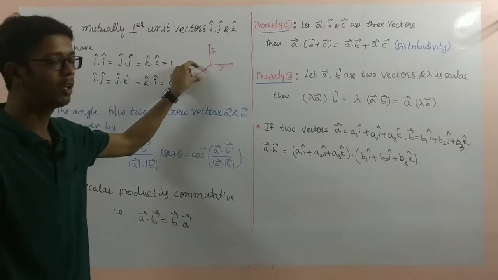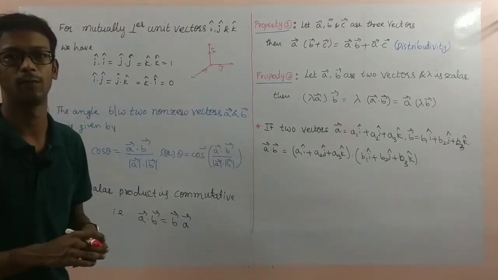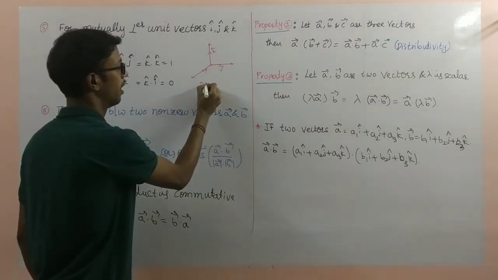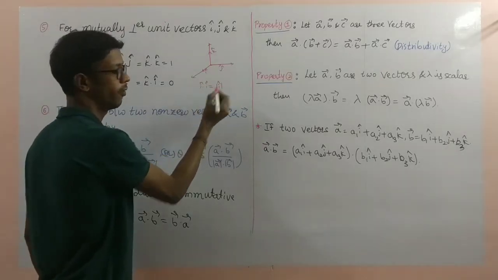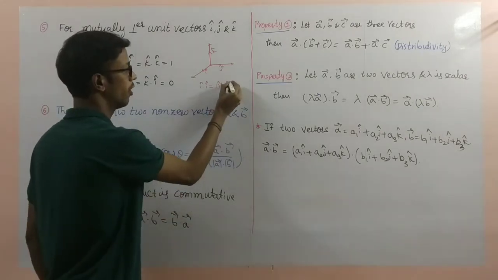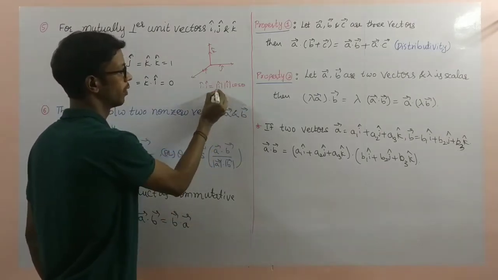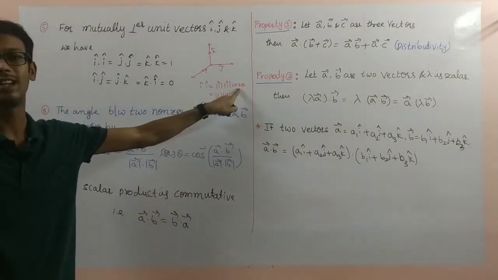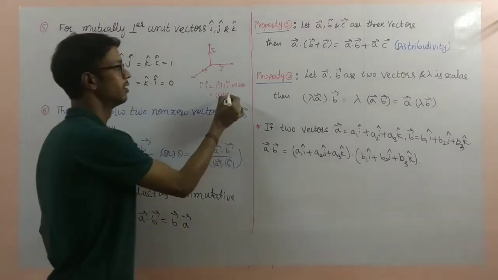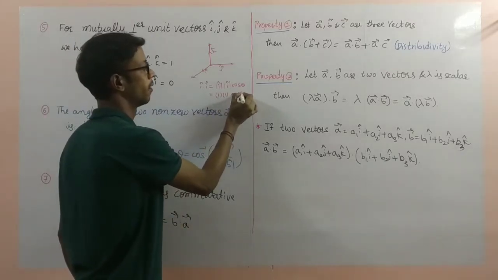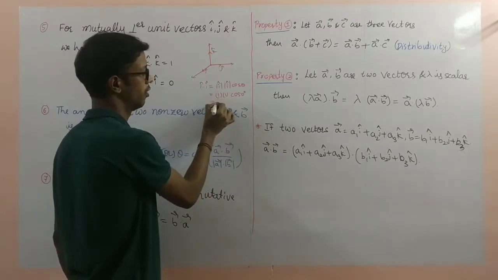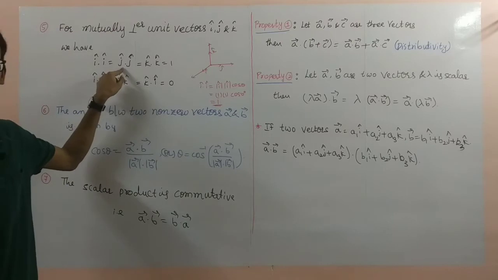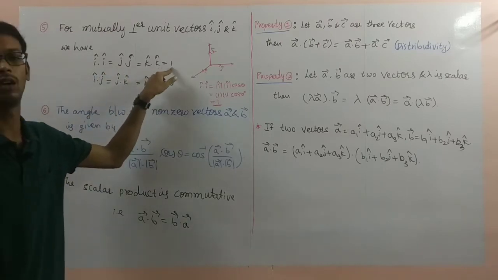Because of the angle between i and i itself. I cap dot i cap is equal to magnitude of i cap into magnitude of i cap cos theta. Magnitude of i cap is 1, magnitude of i cap is 1. Cos theta, the i to i angle is 0 degrees. So cos 0 is 1. So i dot i equals 1. Similarly, j dot j equals k dot k equals 1.